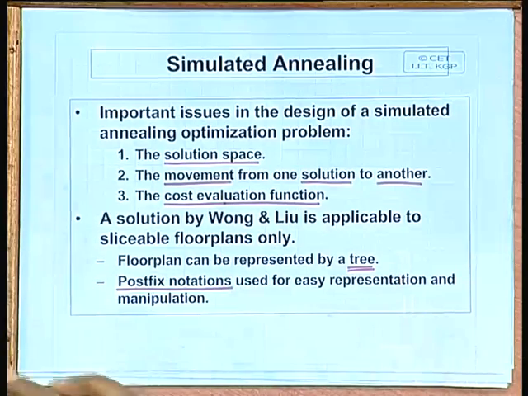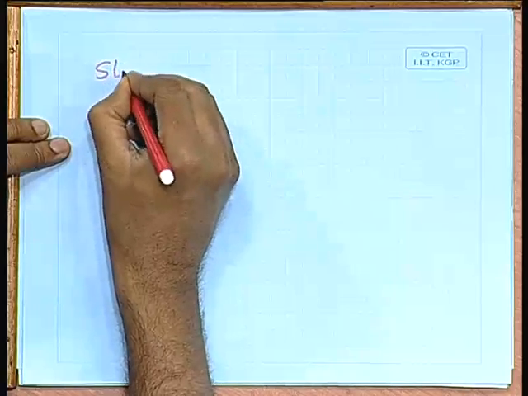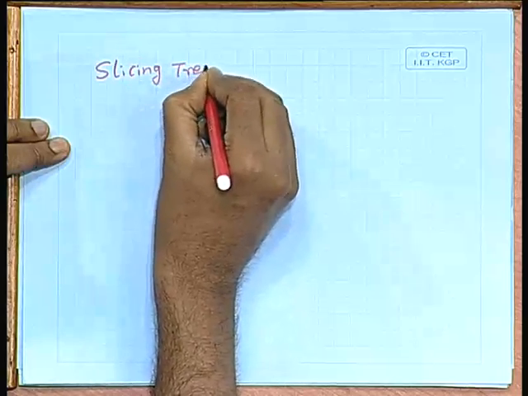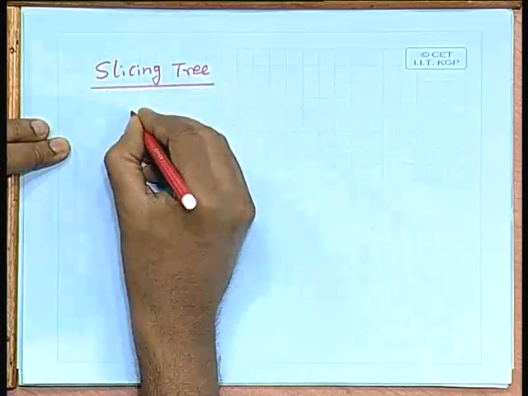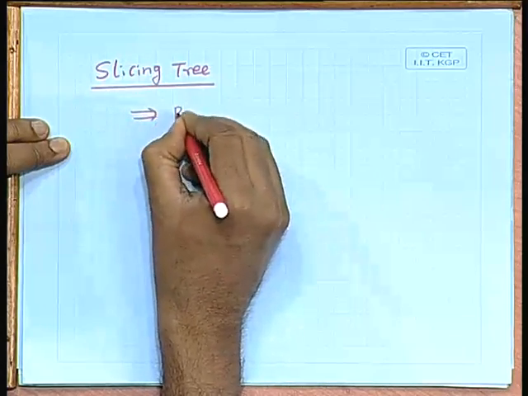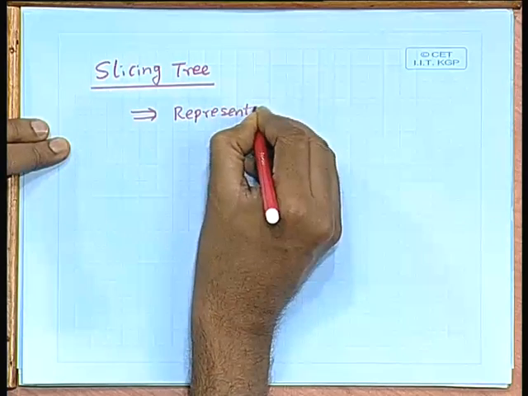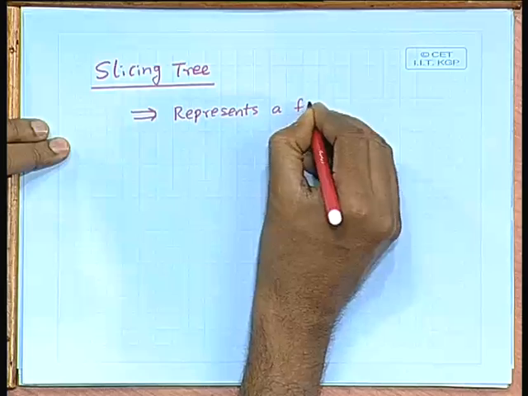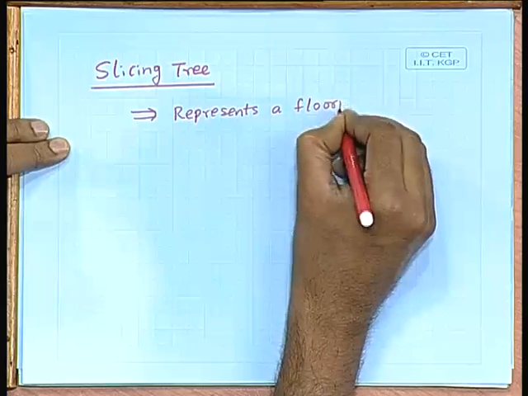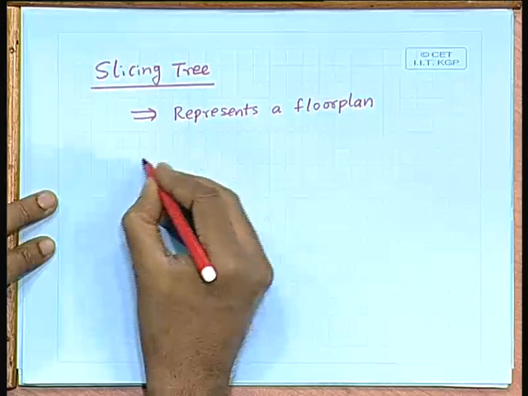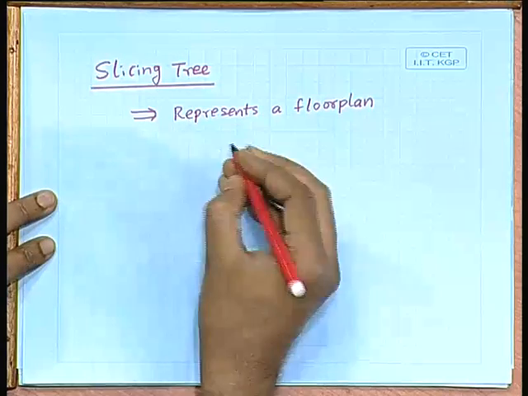So, actually this slicing tree whatever I am talking about is a data structure which actually represents a floor plan. Now, suppose you have a slicing tree like this.